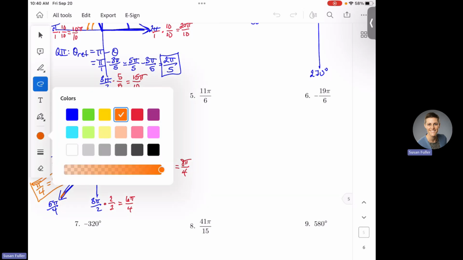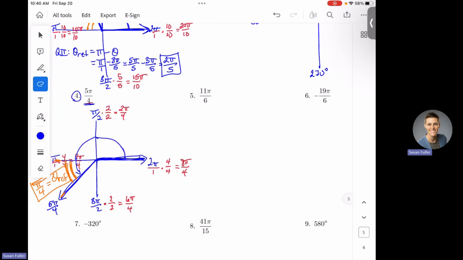Or if you wanted to use our formulas from class, 5 pi over 4 is a positively rotating angle in one trip around the circle. So I can use my formulas that we talked about in class. In quadrant 3, my formula said that theta ref should be my angle theta minus pi.